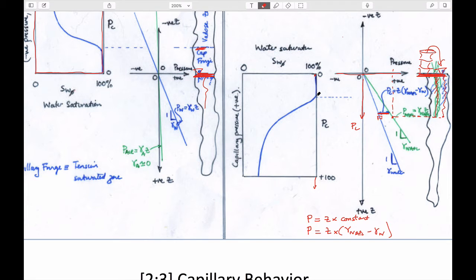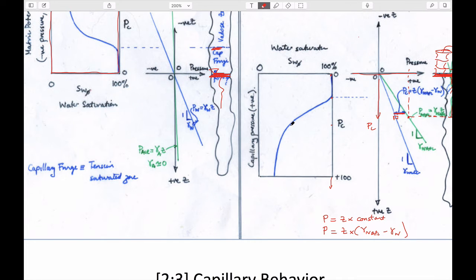As you go down here, you still have 100% water saturation. But as you get to this point here, it doesn't correspond directly across here, but this point here, didn't mean to make that jump. At this particular capillary pressure, then you have the saturation of water is, I guess, I specifically didn't do it at this particular level because it's going to scale differently, but that's the basic idea.